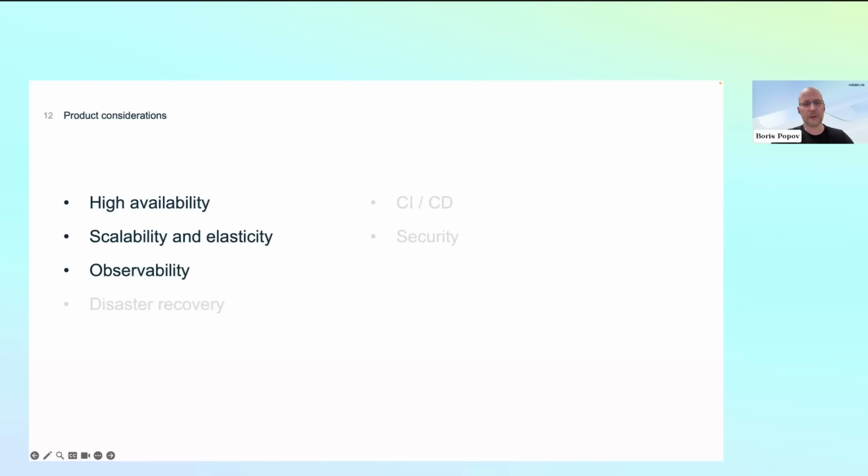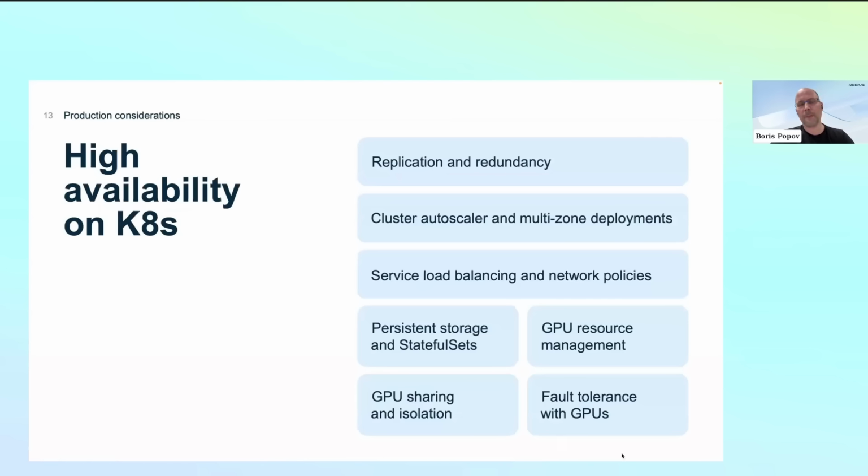Talking about high availability, of course, choosing Kubernetes is probably the best bet because it's mature, reliable, it scales, it's open source, and there's a huge community behind it. It has proven track records when it comes to replication and redundancy.